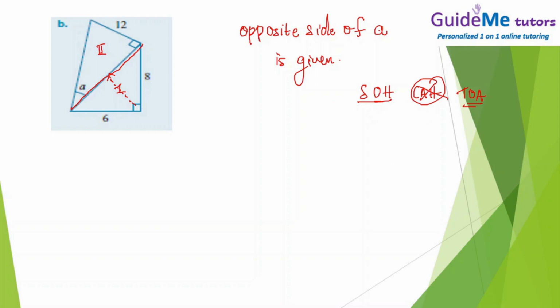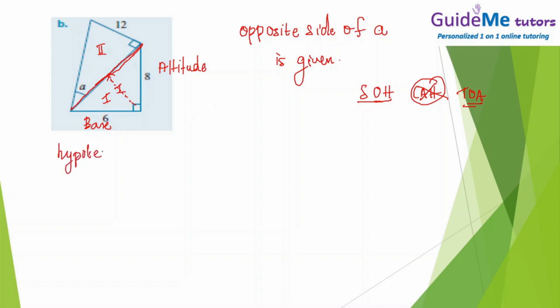Now let's see what happens if we could find this common side, which is the hypotenuse of the first triangle. We can use the Pythagoras theorem to find it, because this is the base of the first triangle and this is the altitude. So what is the Pythagoras theorem?